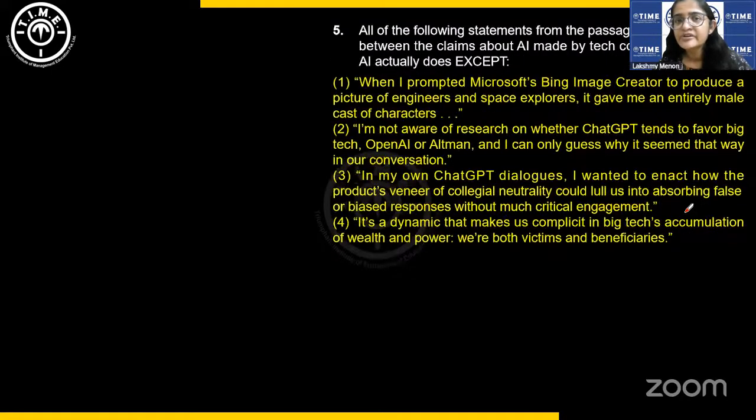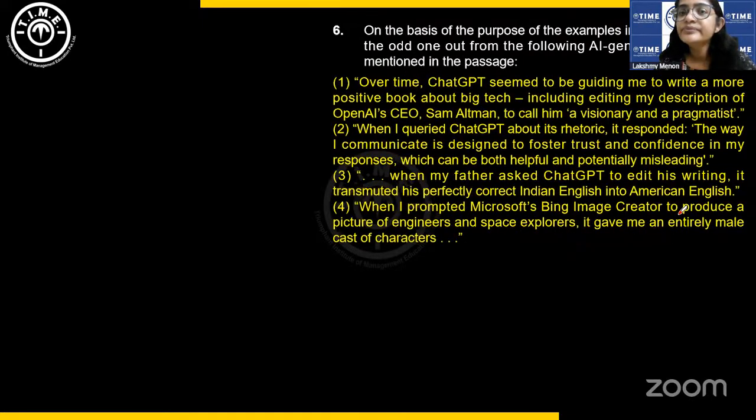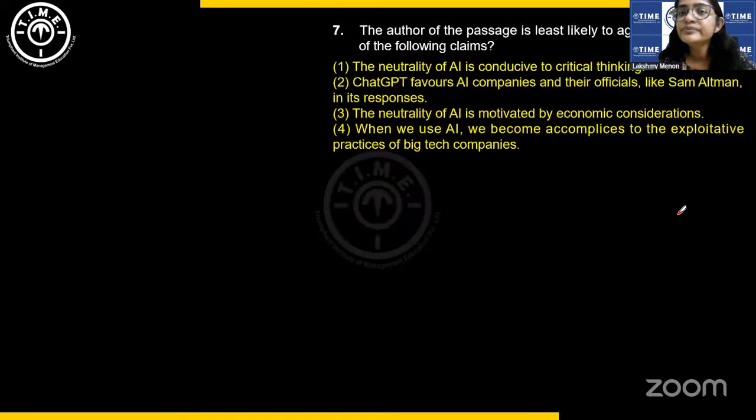Okay, fine. Now the question I have marked here. For this you need to have read the passage, of course, but by now you would have understood that the passage is a critique of AI.